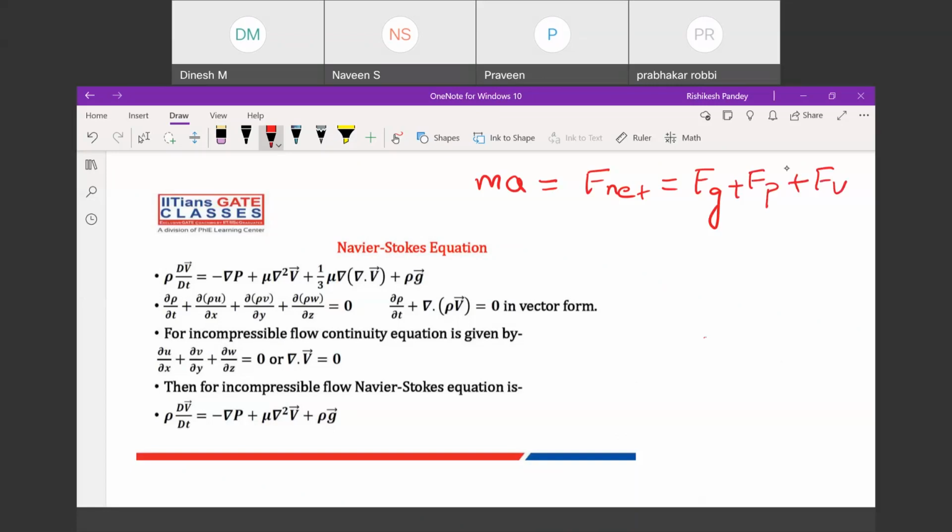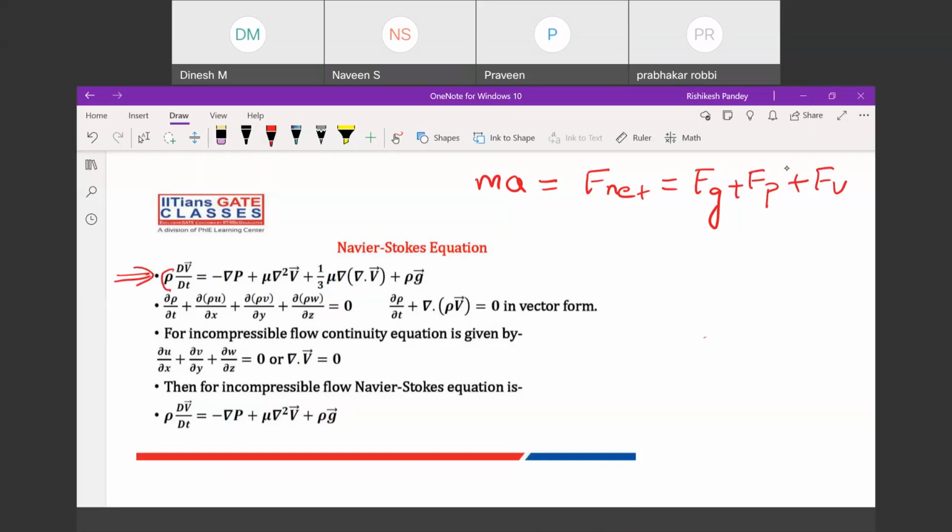So the general form of the Navier-Stokes equation is actually written per unit volume. The complete equation is divided by volume.